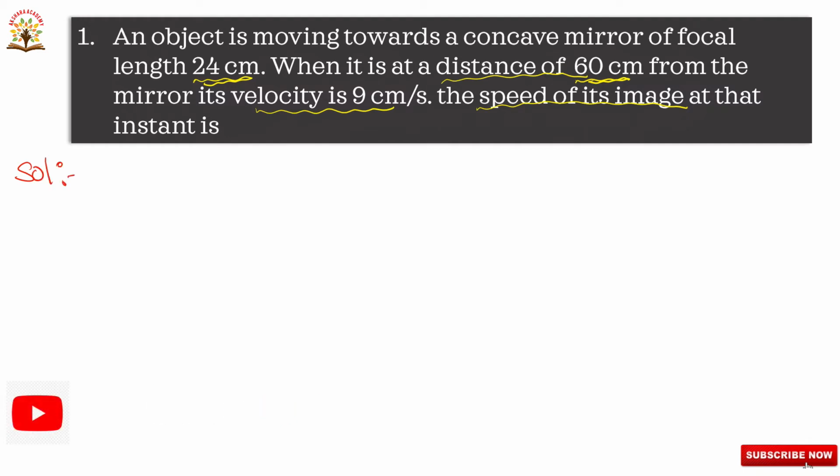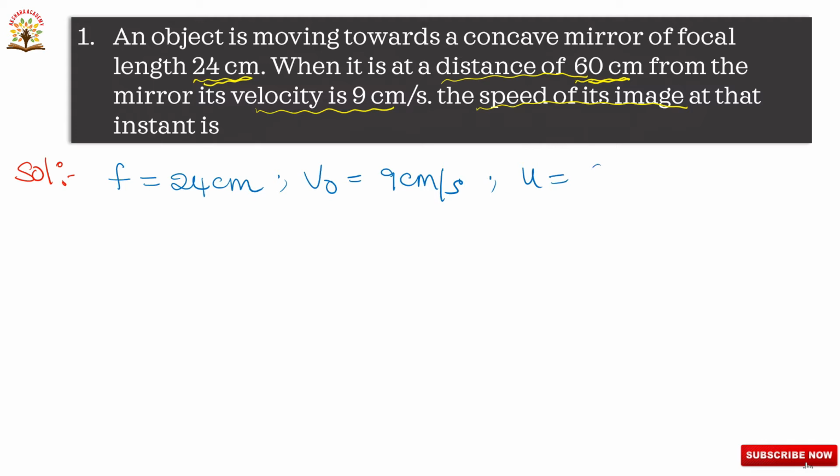Given f is equal to 24 centimeters, v naught is equal to 9 centimeters per second and u is equal to 60 centimeters. Now we have to calculate the speed of its image.